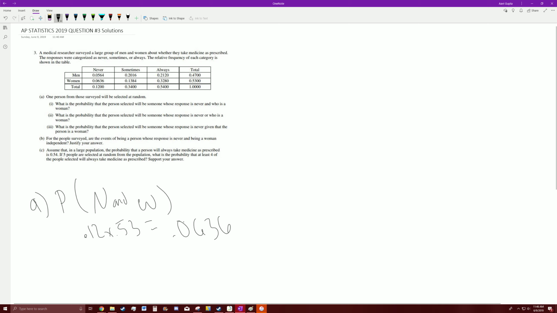So there you go, part A, and then just make sure you do N and W, and you should indicate somewhere what N means, what W means. Okay, that's part A1, part A2.